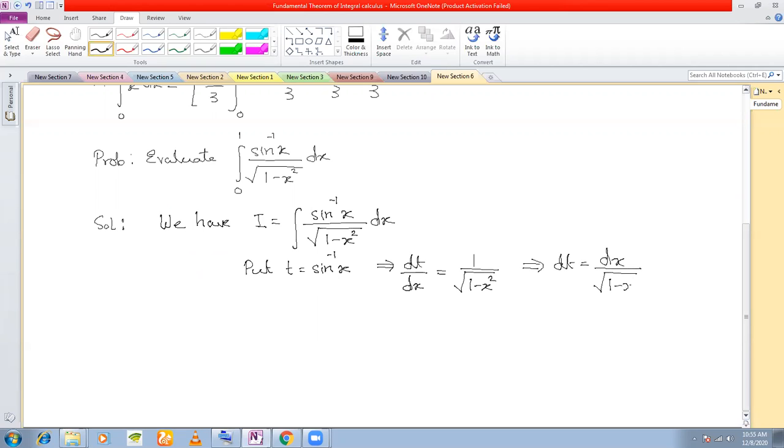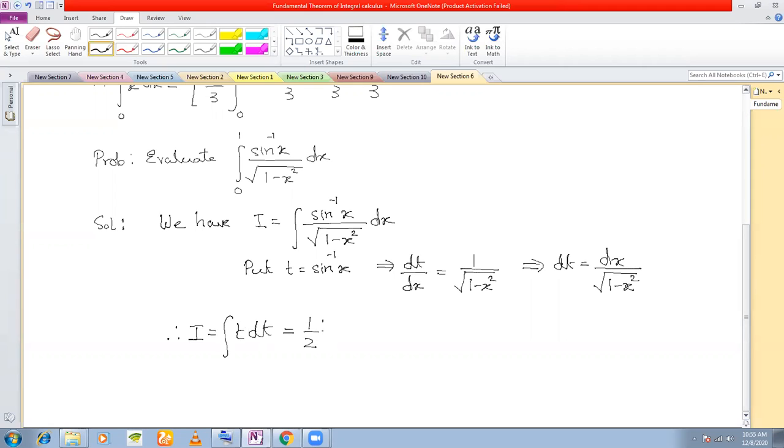This is what you will do when you are evaluating this as an indefinite integral. You will do this by substitution. Therefore, what does I become? I becomes the integral of t for sin inverse x, and dx by root 1 minus x square becomes dt. So this simply becomes the integral of t dt. And what is the integral of t dt?